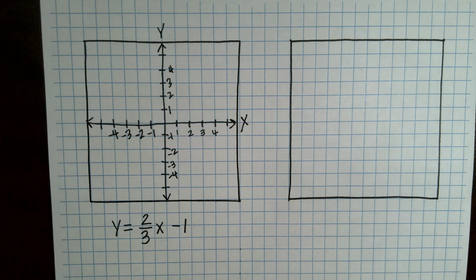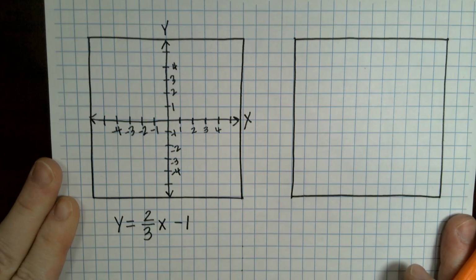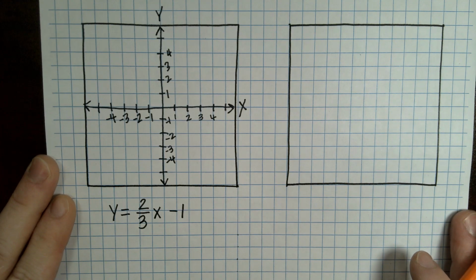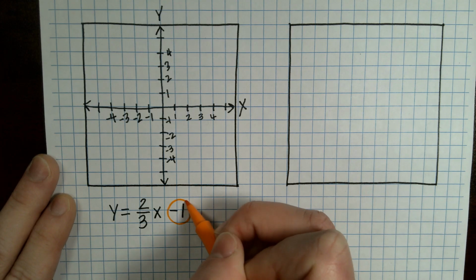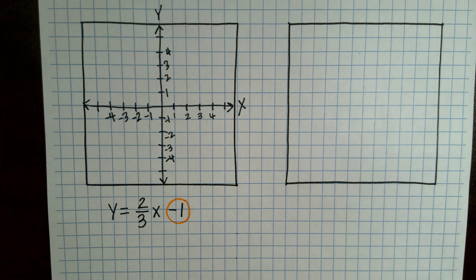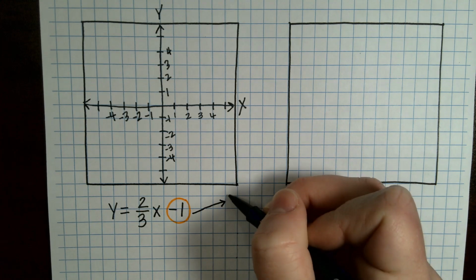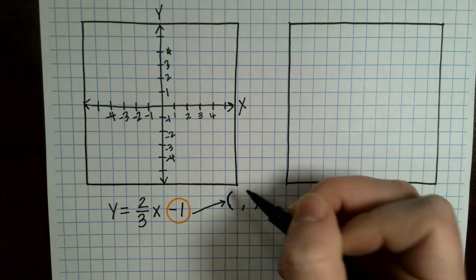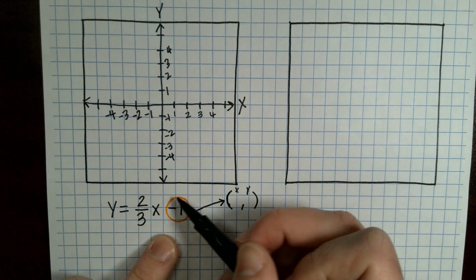All right. Okay, guys. So let's go ahead and figure out where our starting point is going to be. What number am I going to look at to find that out? -1. Yes, I have -1. So where am I going to put my first point? Let's make the coordinate for this. Let's get into the habit of that. What's my x going to be? This is the y-intercept.